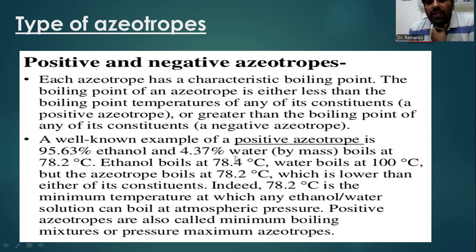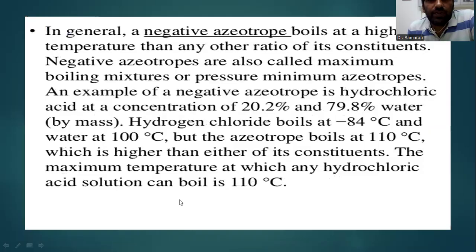Ethanol boils at 78.4 and water boils at 100, but the azeotrope boils at 78.2, which is lower than either of the constituents. Indeed, 78.2 is the minimum temperature at which an ethanol water solution can boil at atmospheric pressure. Positive azeotropes are also called minimum boiling mixtures or pressure maximum azeotropes.